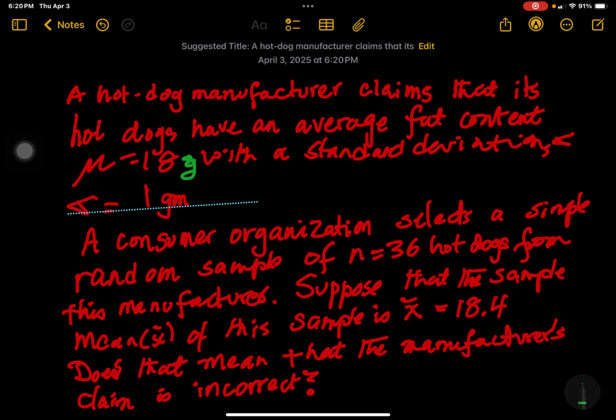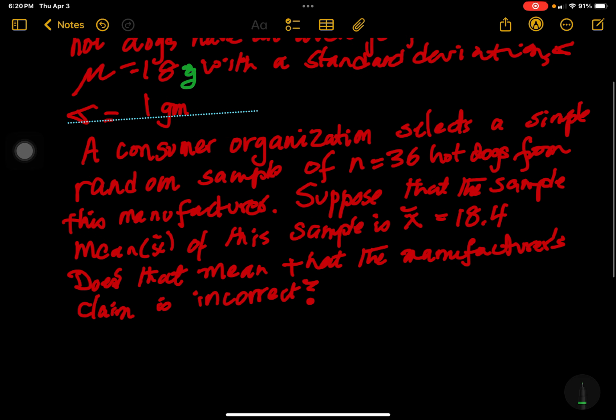Suppose that the sample mean x bar of this sample is x bar equal to 18.4. Does this mean that the manufacturer's claim is incorrect?